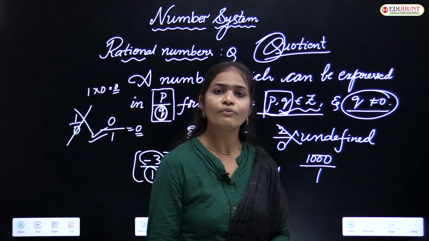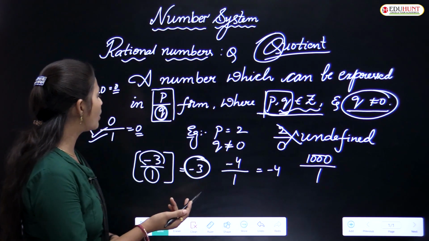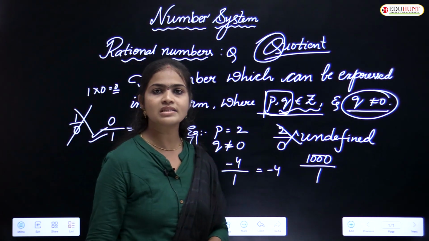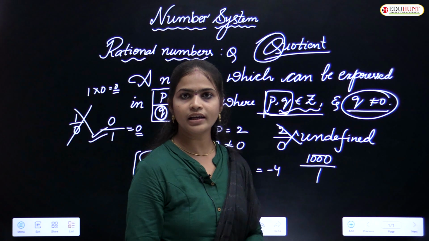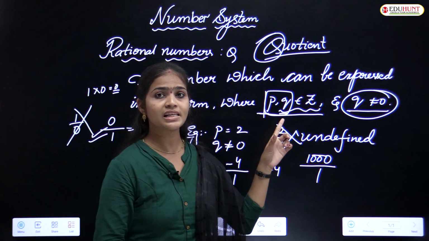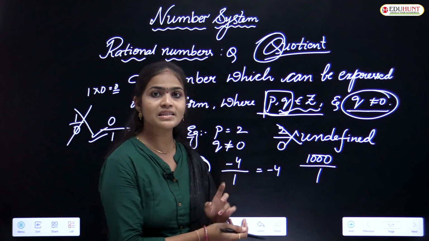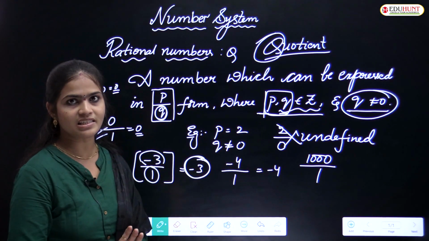Before starting this concept, I told you about fractions, and that fractions are related to rational numbers. Why? Because when you observe all these numbers, you can see fraction forms only, no? P by Q is nothing but a fraction form. In fractions I told you that only positive fractions are there, but in rational numbers you can see negative fractions also. Why?